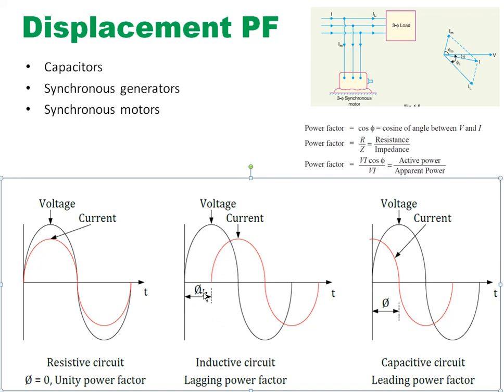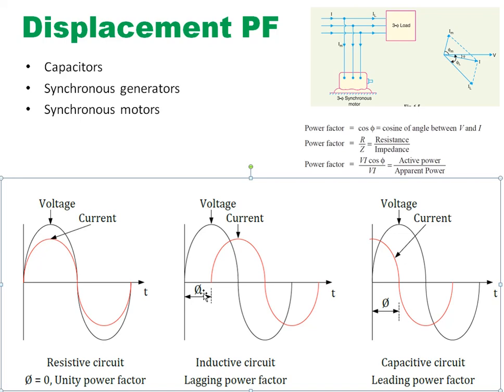So here the power factor is nothing but cos phi, the cosine of the angle between the voltage and the current. In the same way, if the load is capacitive, then the current is leading the voltage.